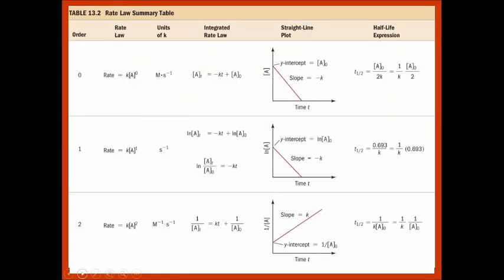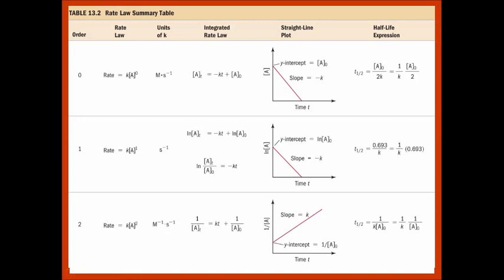So overall, here's a summary table of the rate law information that we know. We know that different reactions can be associated with different orders with respect to their reactants, leading to rate laws and integrated rate laws, which we can plot since they're analogous to y equals mx plus b, and from these integrated rate laws we can derive the half-life expression.